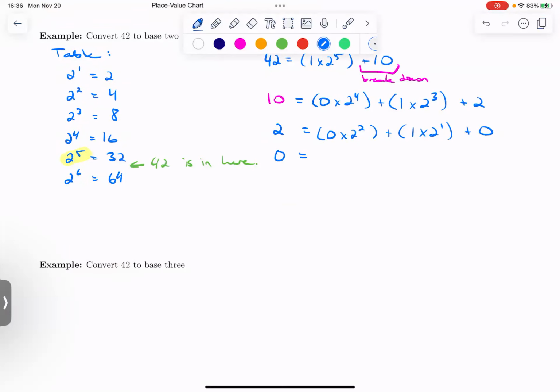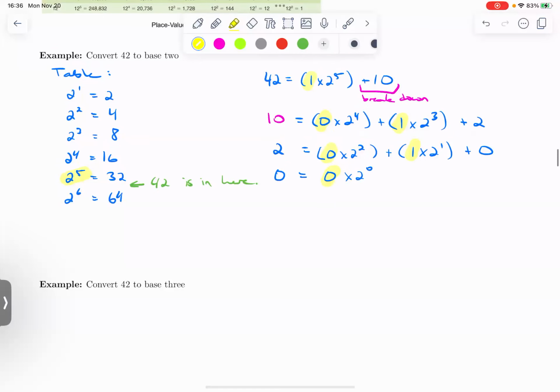And 0 is 0 times 2 to the 0. So now I have 1, 0, 1, 0, 1, 0. Or moving down this way, wait. Okay, it kind of worked, but that's not what I meant.